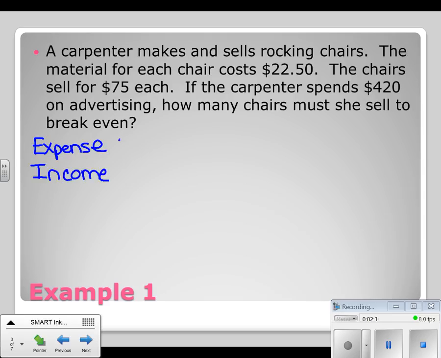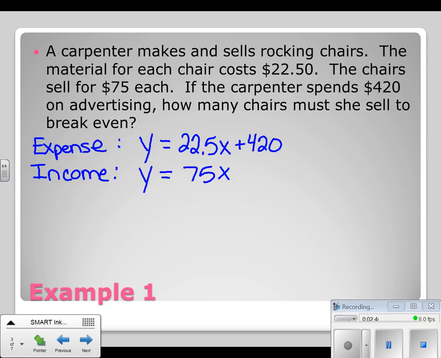The expense is y equals $22.50 per chair, x, plus $420 for advertising. The income, the money being brought in, is $75 per chair, where x is representing chairs and y is representing money, dollars.